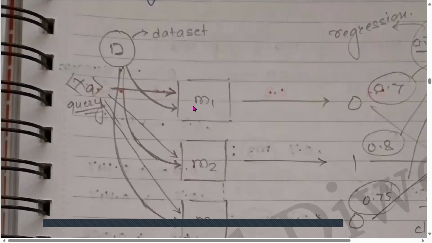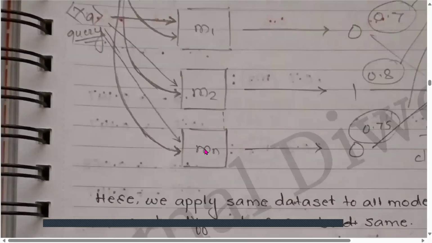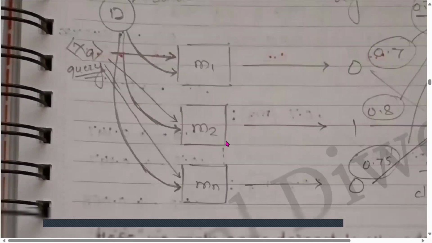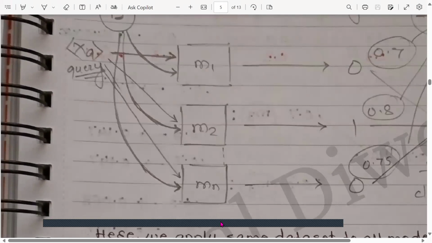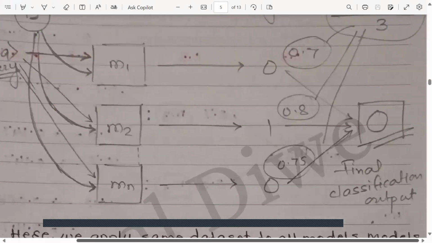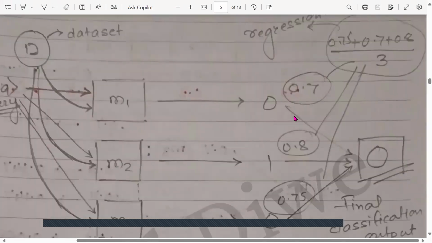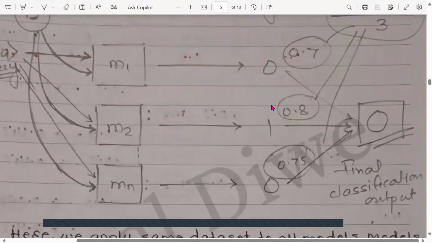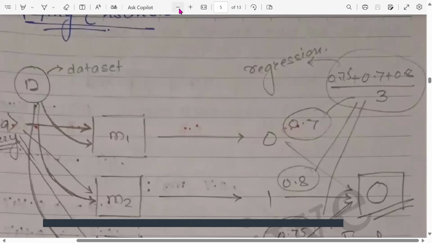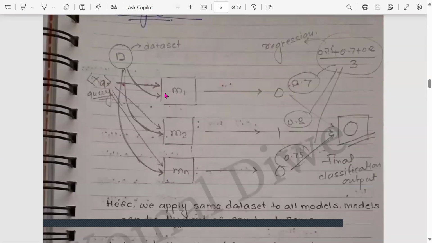What you have to remember: the data set is the same, and we are giving it to different models, M1, M2, and M3. Then we take the results of all these models: the result of this is 0, the result of M2 is 1, and so on. So we take the average of all these models.